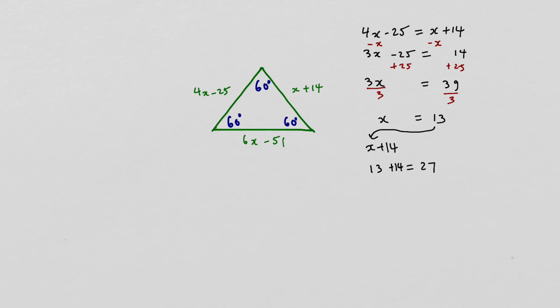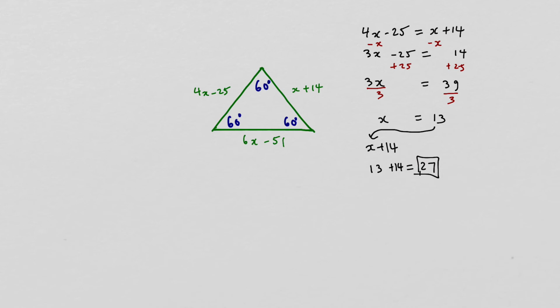So the sides of this equilateral triangle are 27. Now if you want to test it out, we can plug 13 into this expression as well as this expression, and you will get the same number.